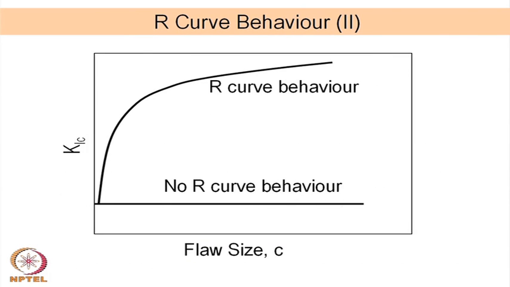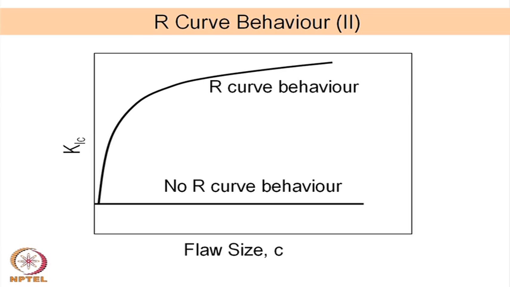This is a typical comparison of two different classes of ceramic material: one having the R-curve behavior and the other not having it. If you plot KIC of these two groups of materials as a function of flaw size, the C, which we have discussed in detail earlier.